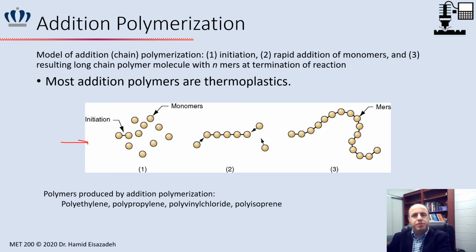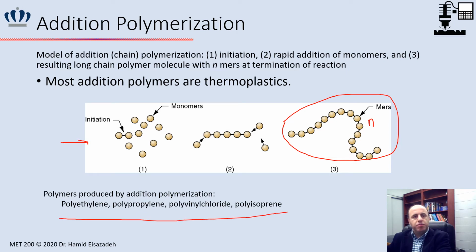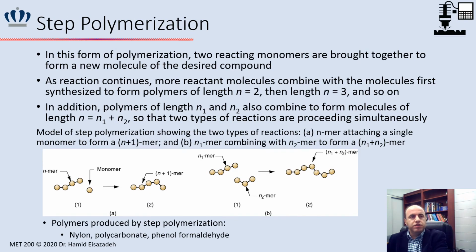At some point, depending on the design of this material, for example, number n, when it reaches n, the reaction process is going to be terminated. Here are some of the polymers produced by the addition process: polyethylene, polypropylene, polyvinyl chloride, and polyisoprene.